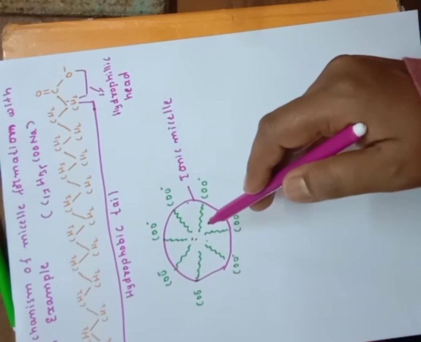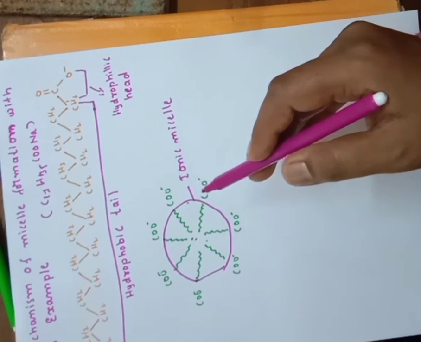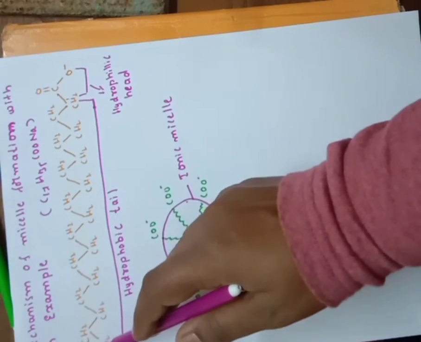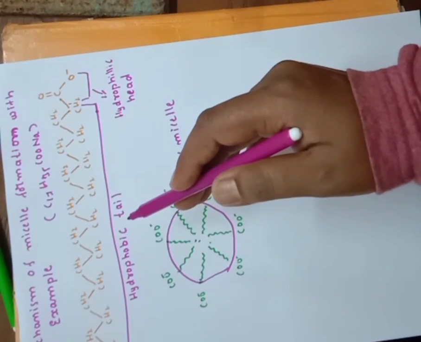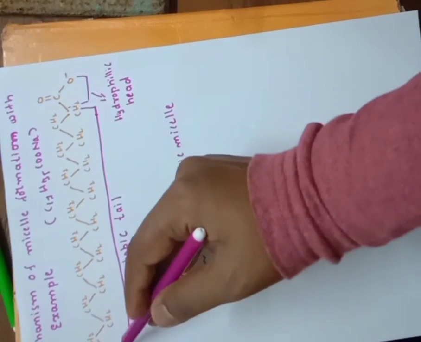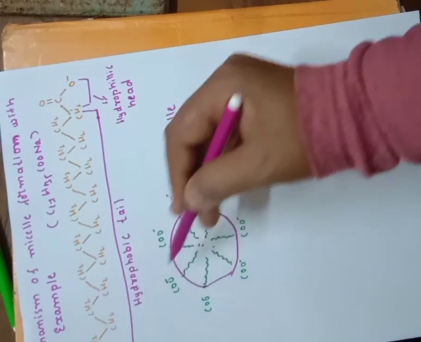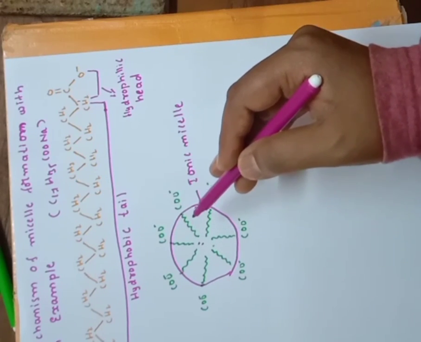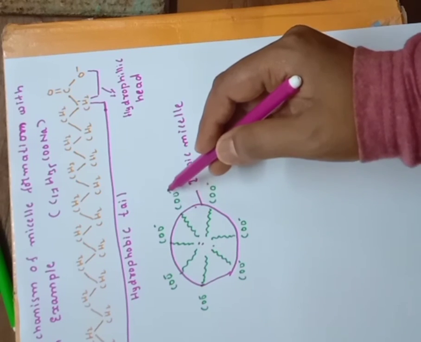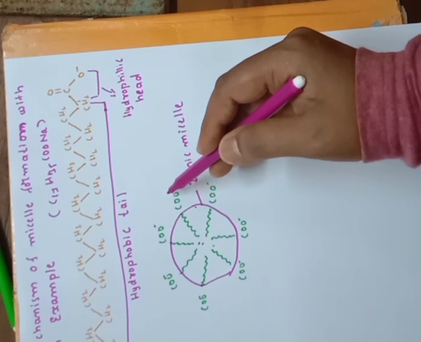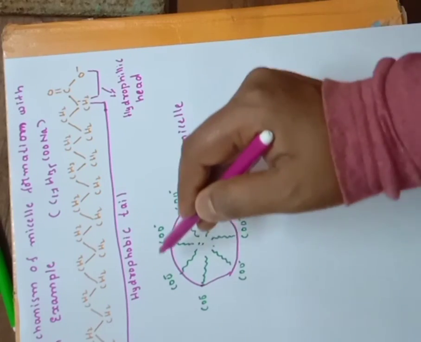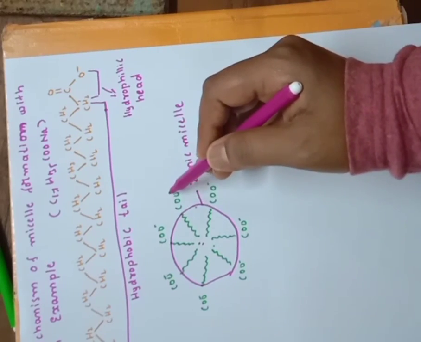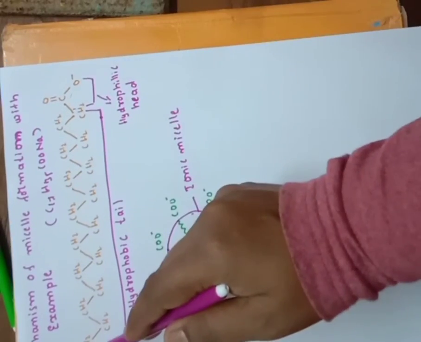The stearate ions associate into micelles in which the hydrocarbon ends point inward towards the center of the sphere, and the ionic carboxylate groups are on the surface of the sphere, facing outwards. This is facing outwards, and this one is inward.